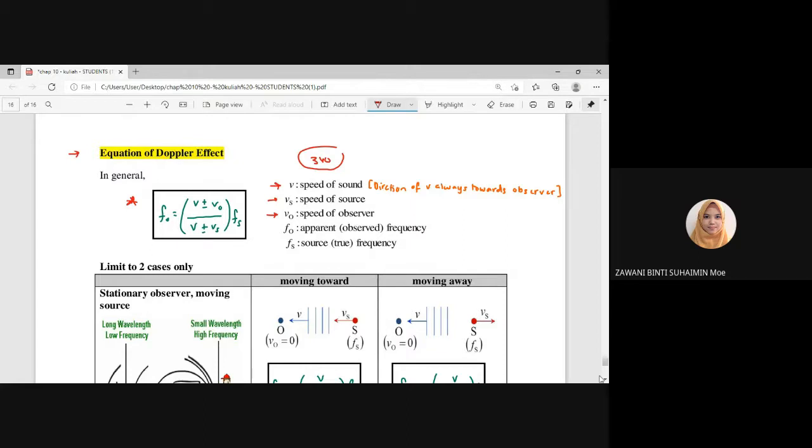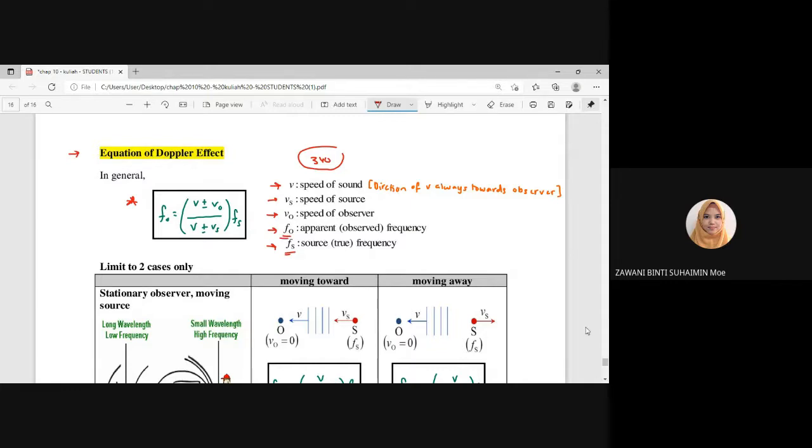Okay, FO adalah apparent observed frequency, iaitu frekuensi yang didengari oleh pendengar. Okay, FS adalah source frequency, iaitu source of sound tu frekuensi dia berapa. Contoh ambulance ke apa ke, itu adalah FS. Untuk manusia adalah FO, okay, ataupun siapa-siapa yang nak dengar, haiwan ke siapa-siapalah.